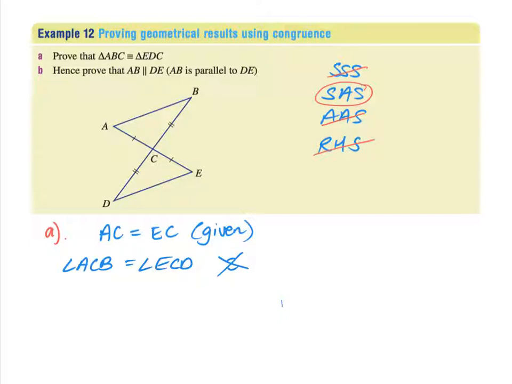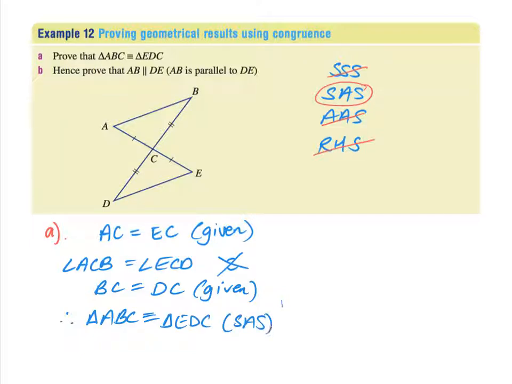So that's one side, an angle, and the final side is, we're looking at BC is equal to DC, and that's given. Now we just need to end off with the original statement. Triangle ABC is congruent to triangle EDC, and the reason is side, angle, side. Okay, so we've gone ahead and proven that for question A.